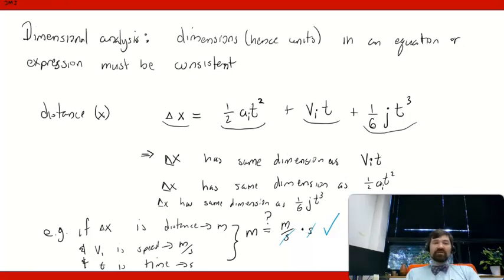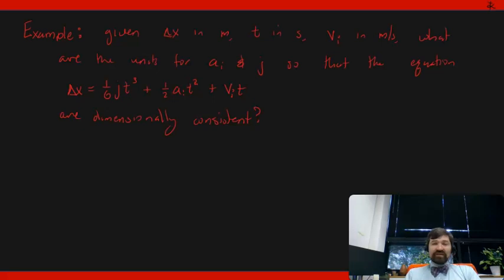So we'll make this our first little example in this video. Given that we know now what t and delta x and v initial have as their units, what is it that j and a initial must have as their units to be dimensionally correct?